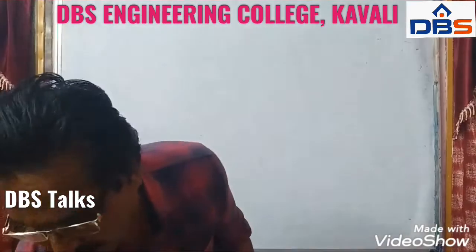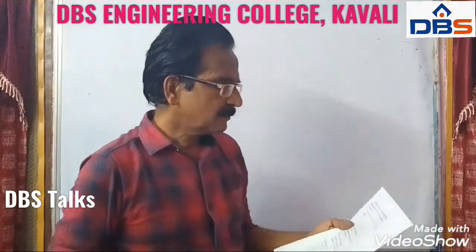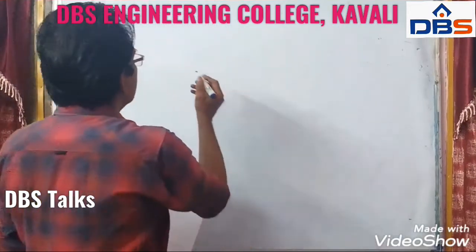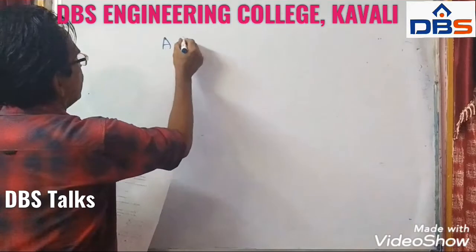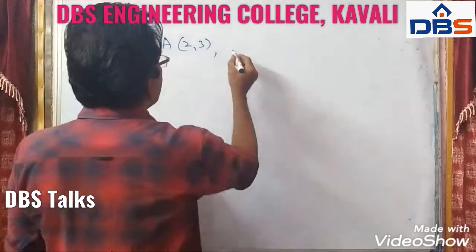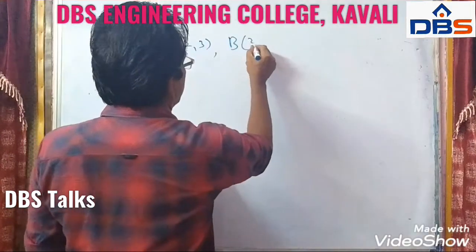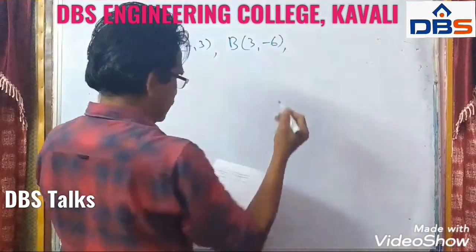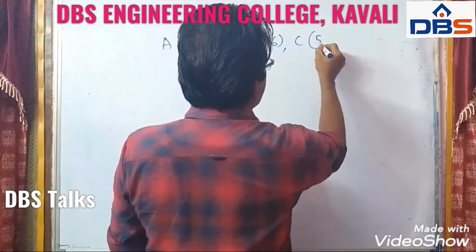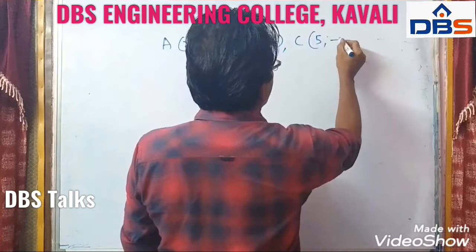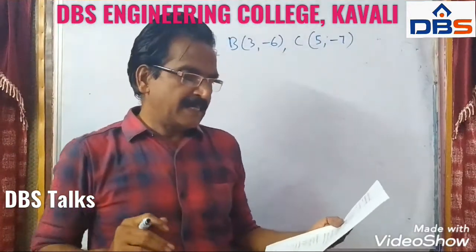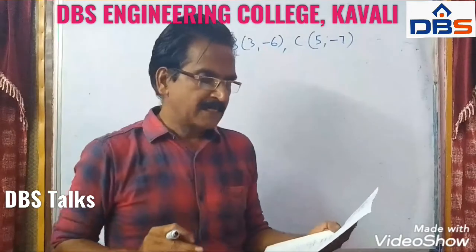See, today's first problem is: A(2, 3), B(3, -6), C(5, -7). These are 3 points.